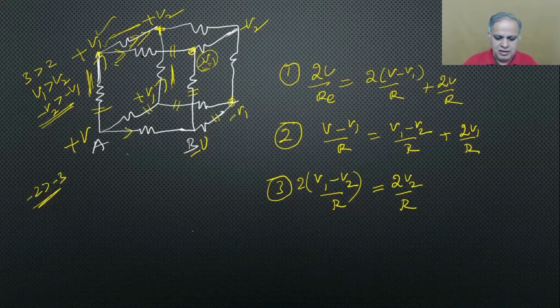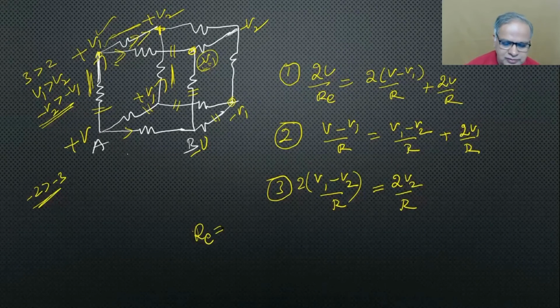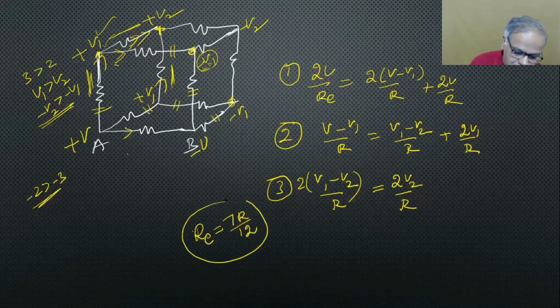R effective is 5R by 8. Something is going wrong. Check with the potentials otherwise. Let me see. I'm waiting for one more. 7R by 12. How much? 7R by 12. Harshini, 7R by 12.